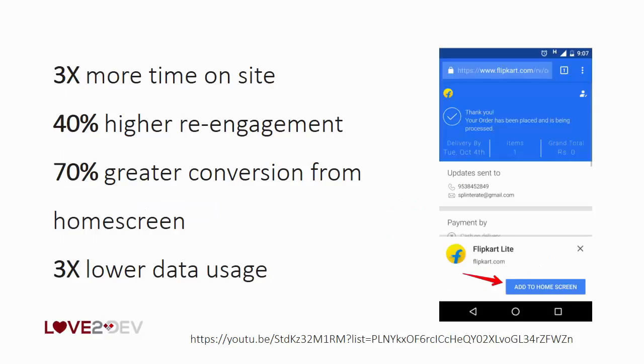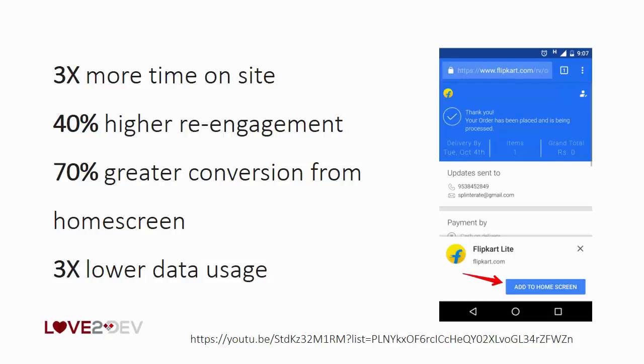And so they've reported, and these stats are a little bit old at this point, I think, that they've started seeing 3 times more time spent on their site by customers. And whenever you've got people spending more and more time on your site, the more likely they are to convert to actually paying customers, and that's a good thing. They also saw 40% higher re-engagement.